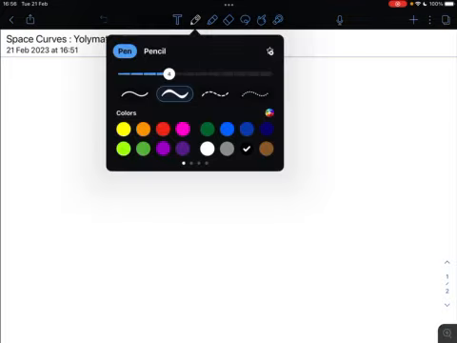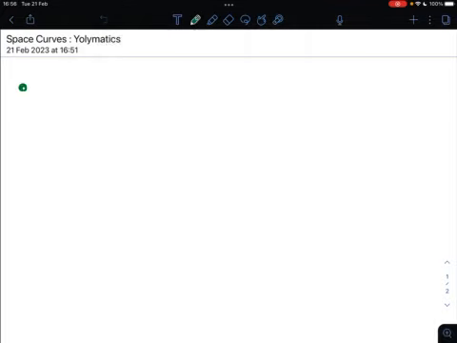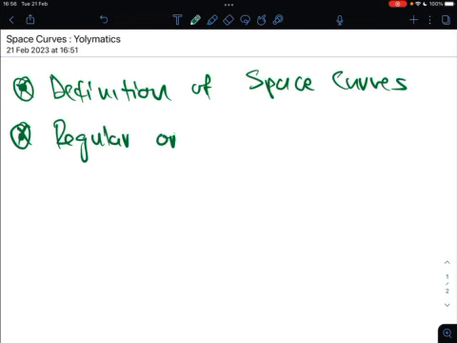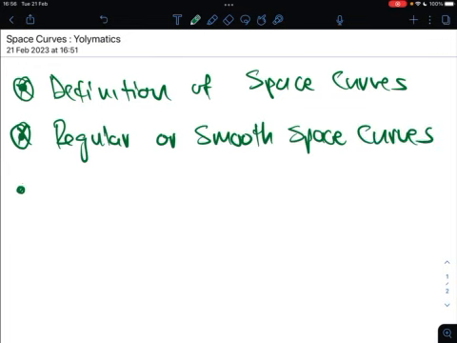The things that we are going to discuss in this lesson: first we shall provide a definition of space curves. Then the next thing, we're going to look at what are known as regular or smooth space curves. Then, after that, we are going to look at what is called the unit tangent vector.